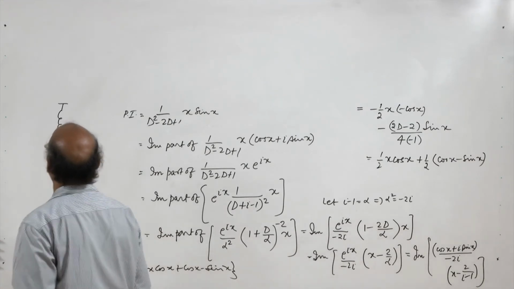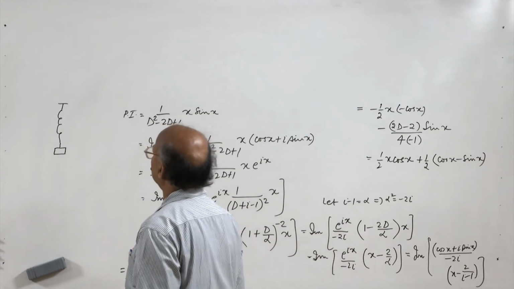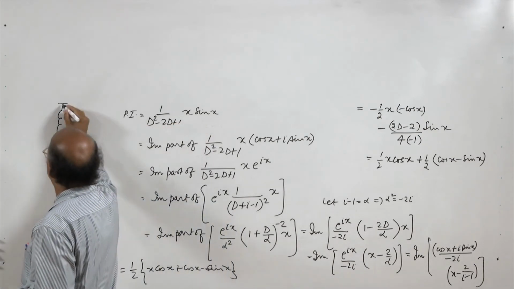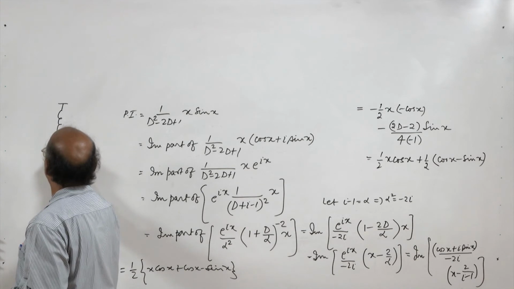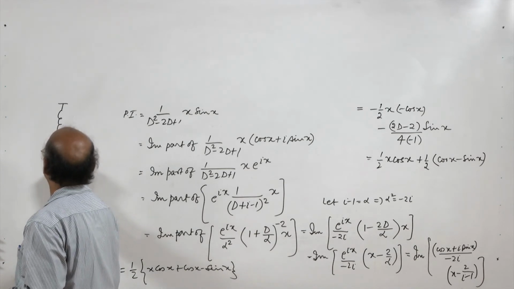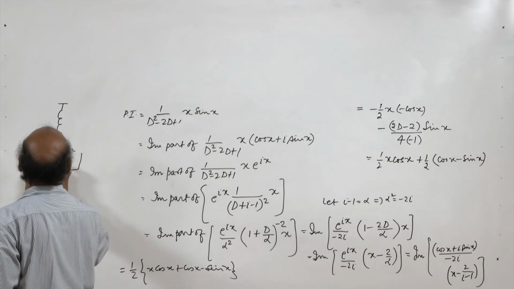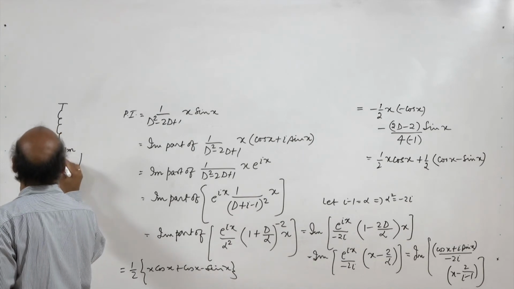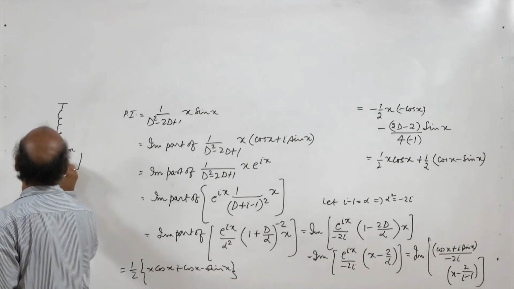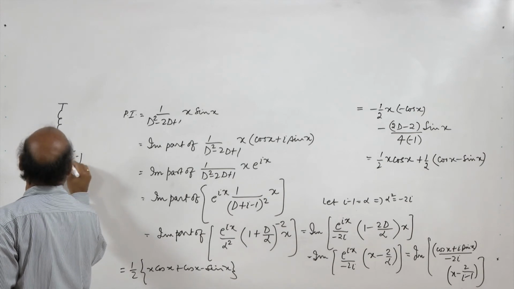We had considered a vertical spring with a fixed support, and then mass m is suspended from the lower end of the spring, and then it is attached to a dash pot filled with a viscous liquid.